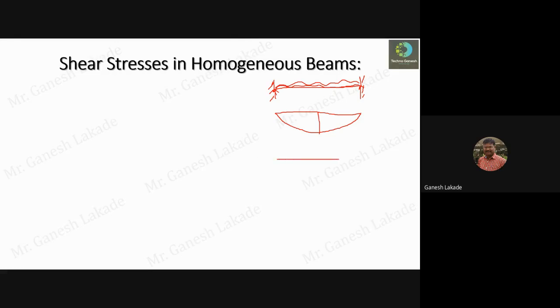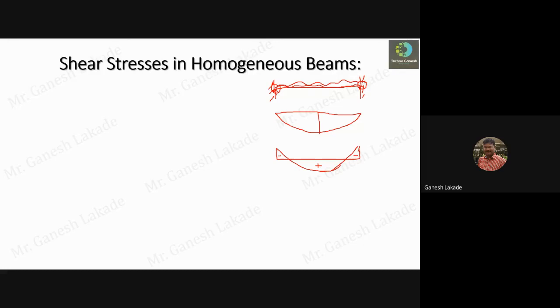Due to the fixity at this support and at this support, some moment is going to develop at the support. So this moment will be there and the bending moment diagram will be like this, parabolic. The moment in the span we call the positive moment, and the moment which develops at the support is termed the support moment, which is negative.